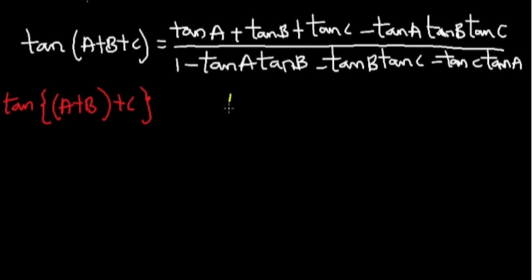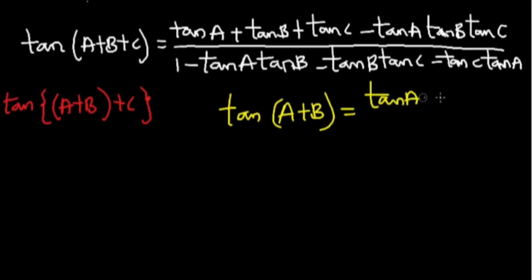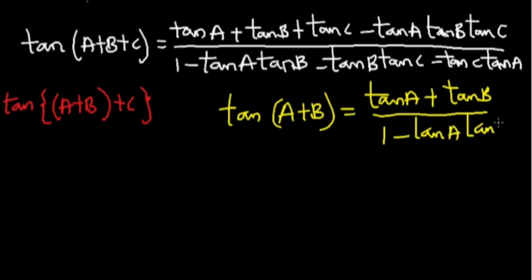You also know that tan(A+B) is equal to (tan A plus tan B) over (1 minus tan A tan B). We all know this one. This one is clear, right? We know this from our basic rules.